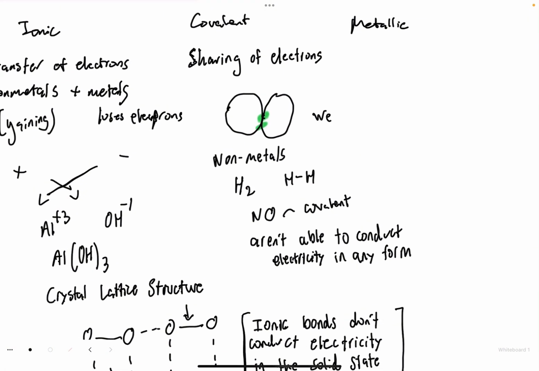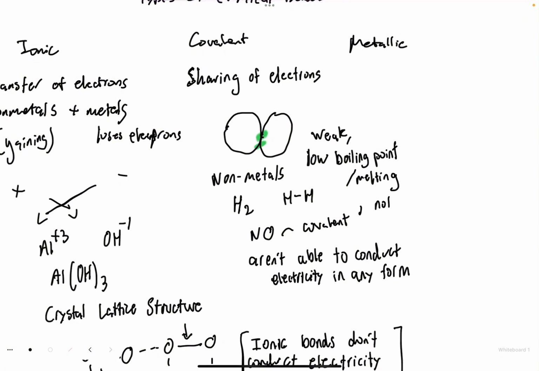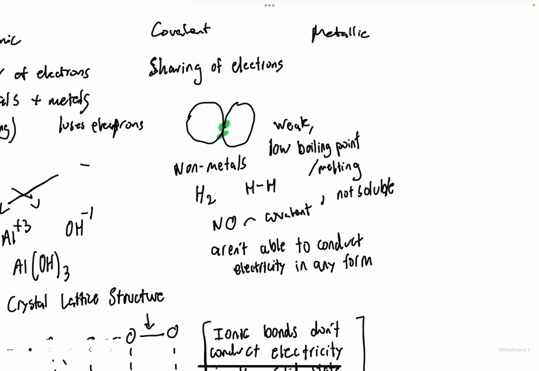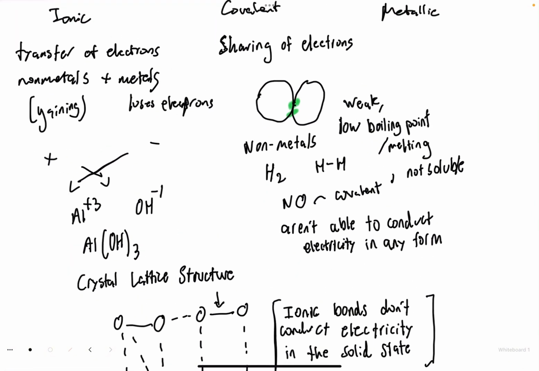And they're sort of weak, and that means they have a low boiling point and melting point. Covalent bonds are also not soluble. So quite literally, you don't have to worry that much about covalent because not only are they not soluble, they have a low boiling point, they're weak, and they're basically with nonmetals. And they don't conduct electricity.